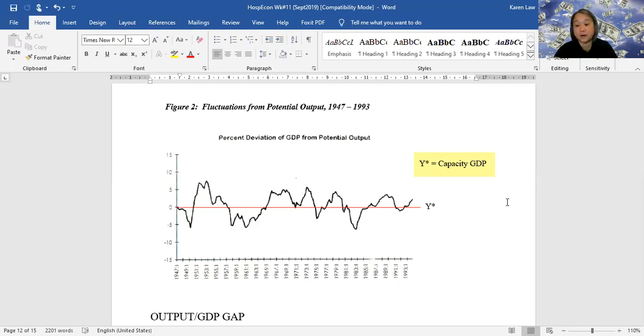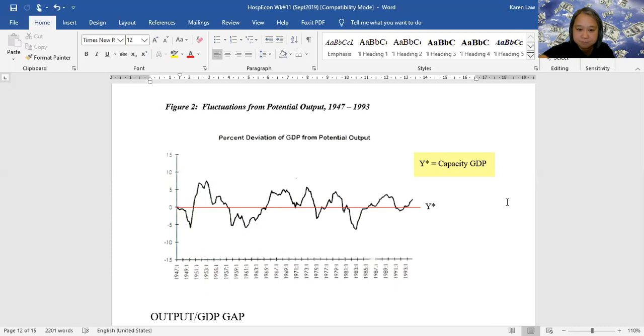We call that an inflationary gap. At other points, the economy is producing below Y star, and that means the economy has a certain level of unemployment or underemployment because we're not producing as much output as we should.